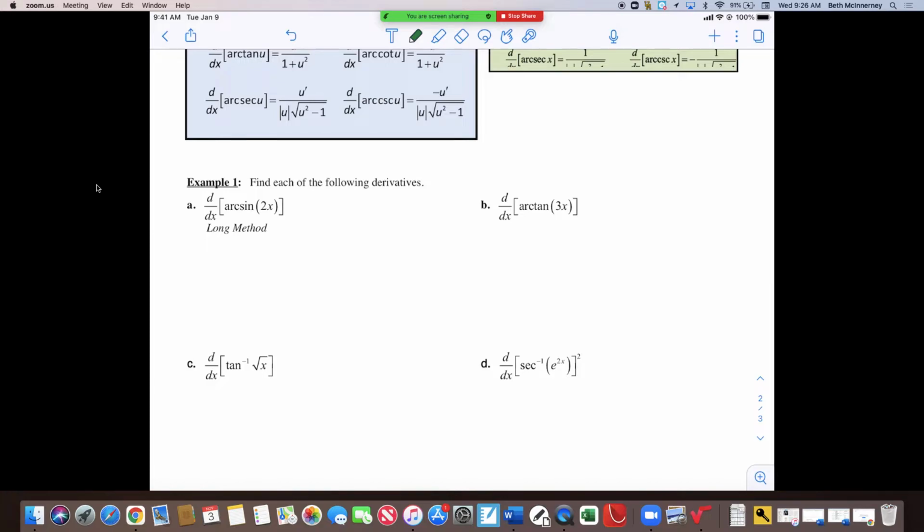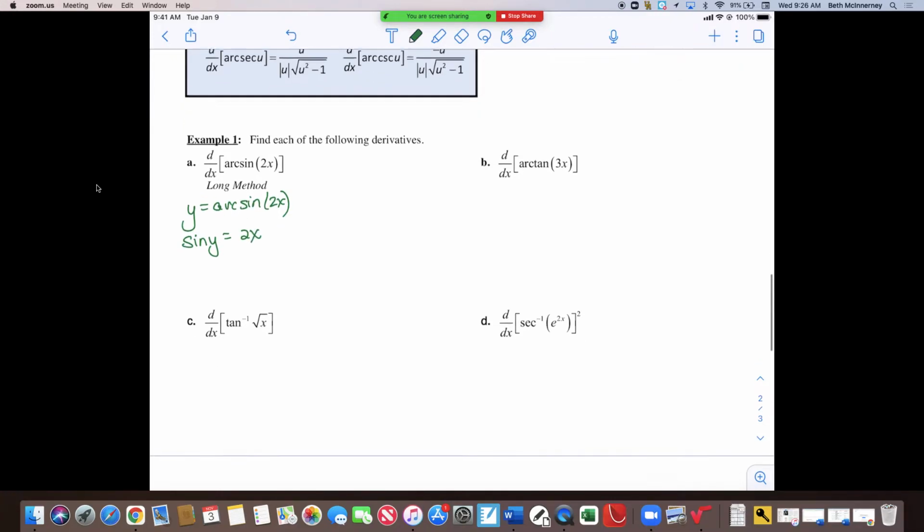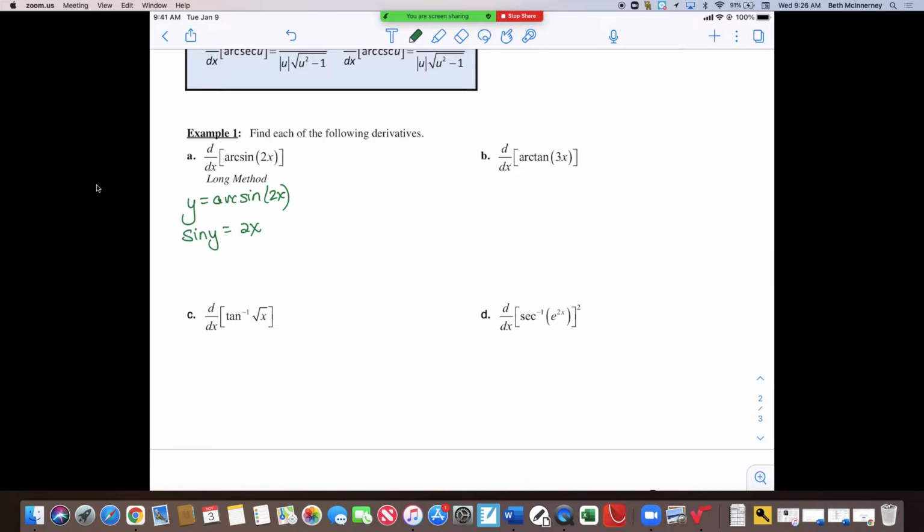All right, so here we go. I'm going to show you the long way to figure this out, and then we'll try to use the formulas. So, if I have y equals arc sine 2x, this is the same thing as saying the sine of y equals 2x. This is just going back and forwards from inverse, you could take the sine of both sides.